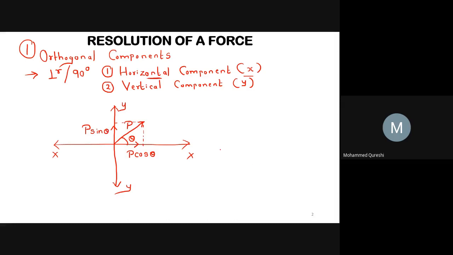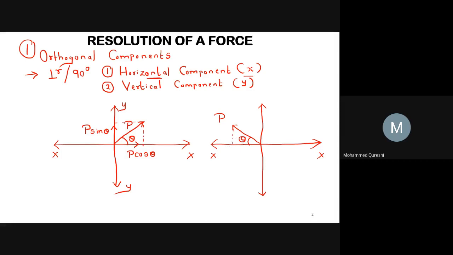Similarly, if your P force is in the second quadrant, then you may split your force like this. This is your P force, and P force makes an angle theta with the x axis.